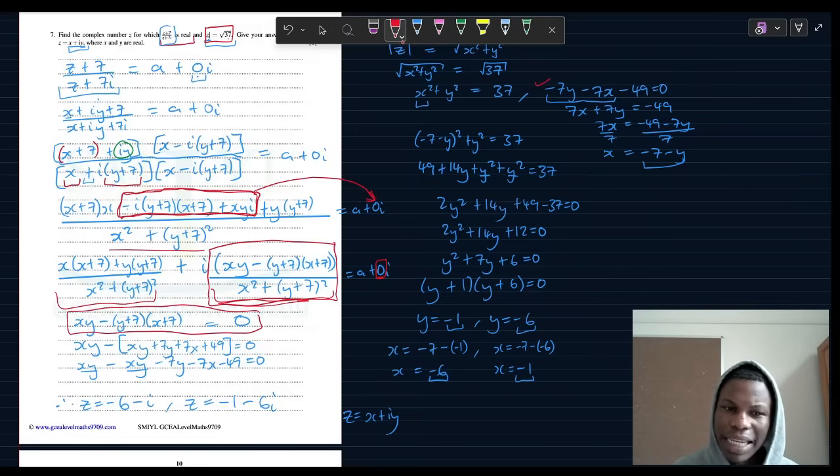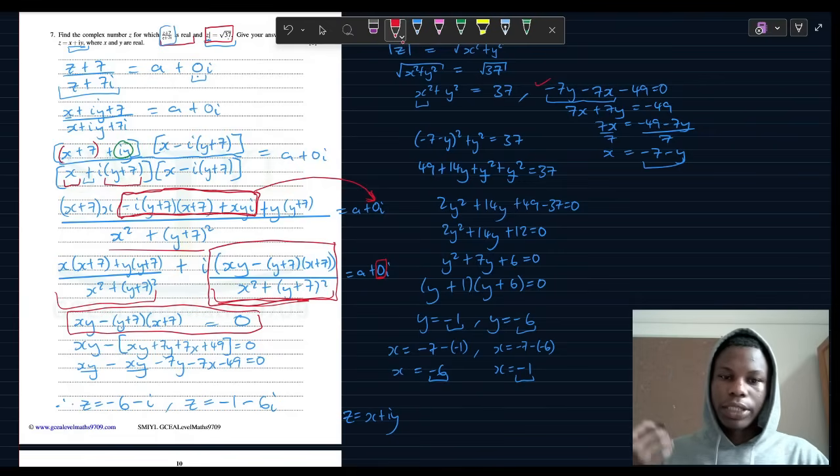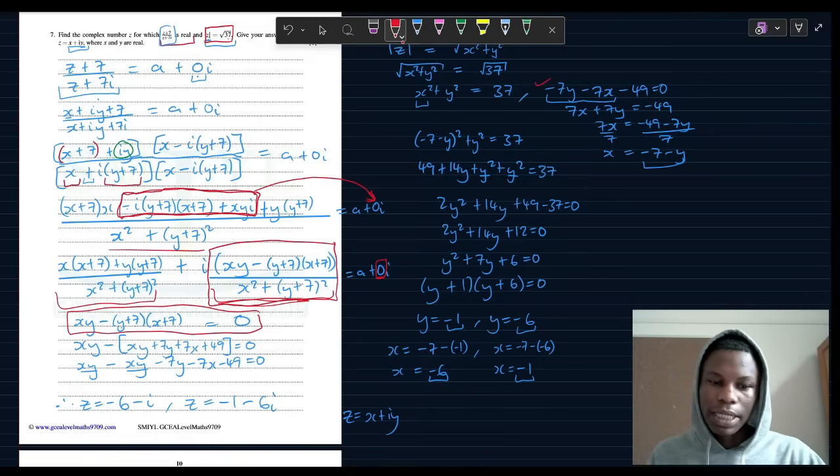And so you don't really have to simplify and clearly separate everything. I just wanted to separate it out for you so that you can see that this is my real part, this is my imaginary part, and so my imaginary part has to be 0. And so you get your second equation, solve the two simultaneously, you get x and y and therefore z.